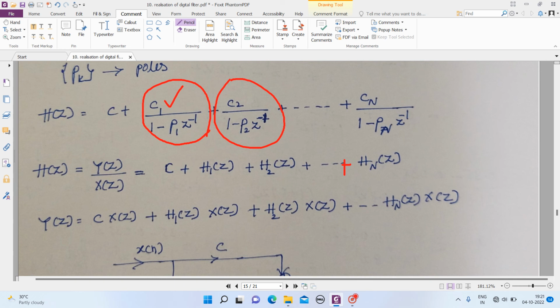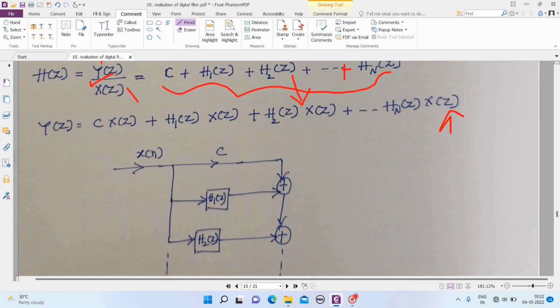You know that the transfer function H of z is the ratio of output divided by input, so we multiply the input with this equation. Y of z is equal to c X of z plus H1 of z into X of z plus H2 of z into X of z, plus H subscript N of z into X of z. By using this equation, we are going to draw the parallel form structure.